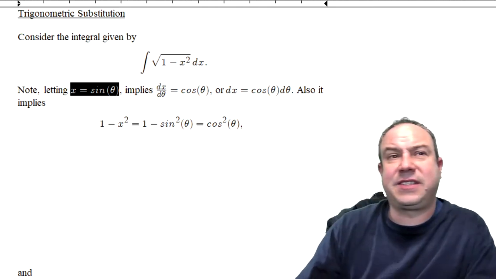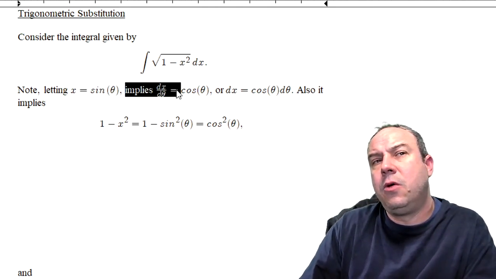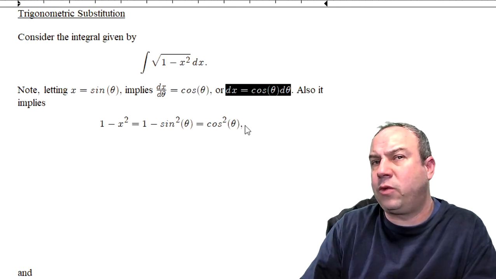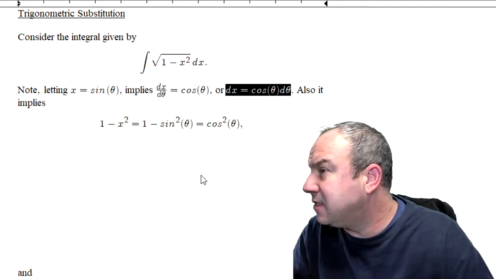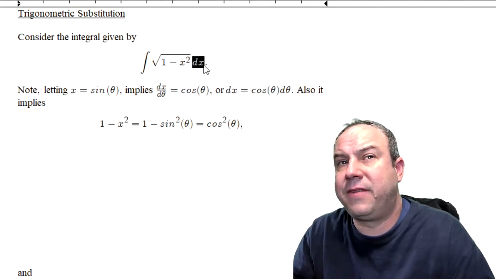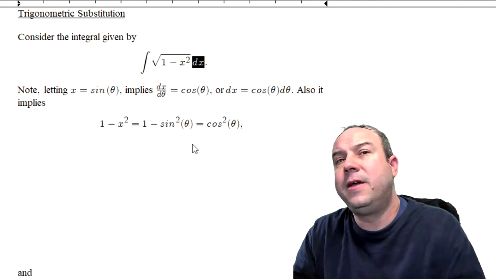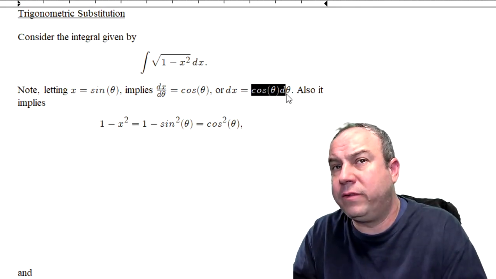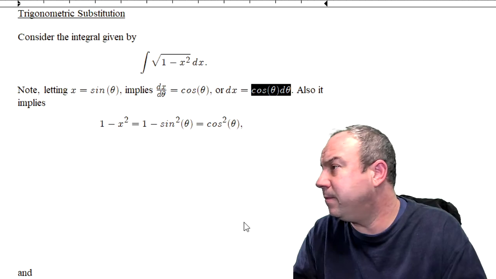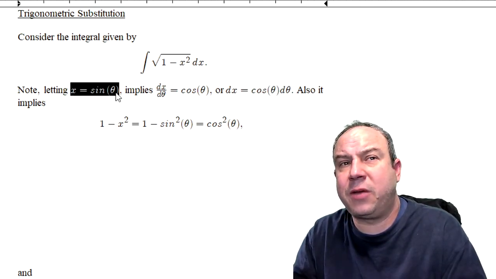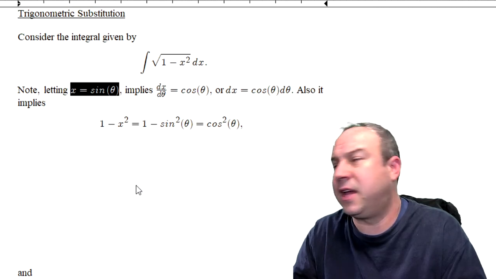Letting x equal the sine of theta will end up implying that dx d theta equals the cosine of theta, or that when we think about the value of dx, the value seen here in our integral calculation, that could be said to be equivalent to cosine theta d theta. That is the first implication that would come about from letting x equal sine theta.